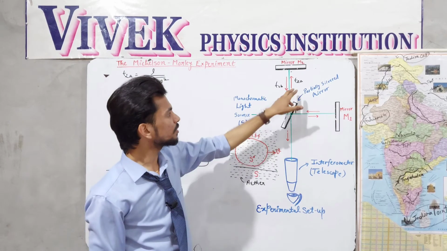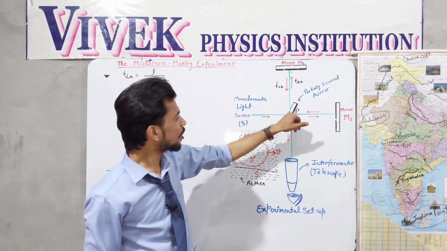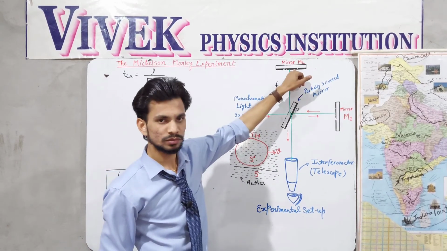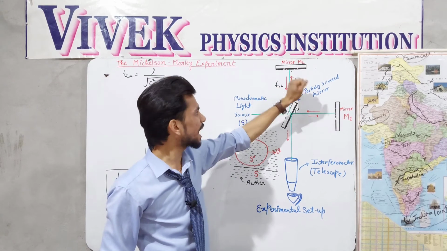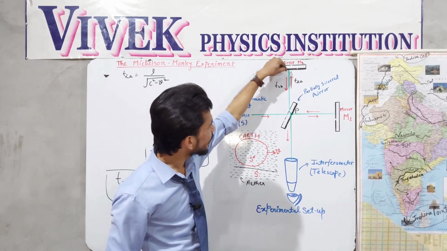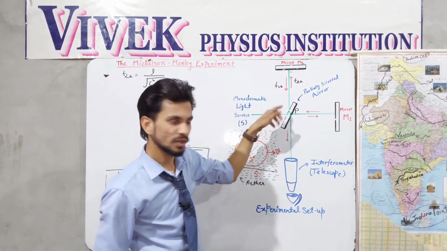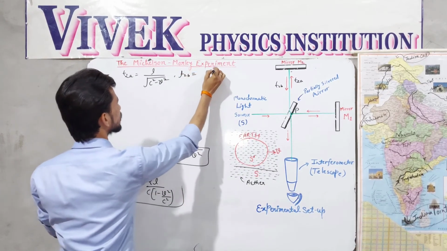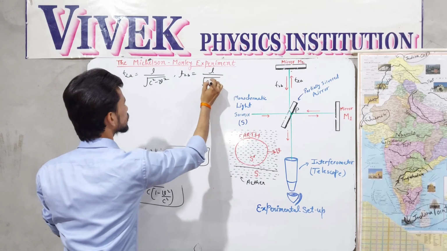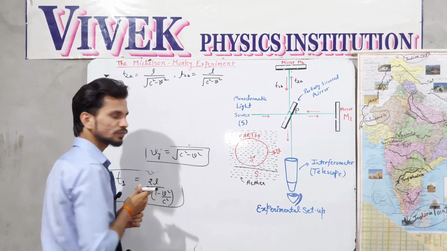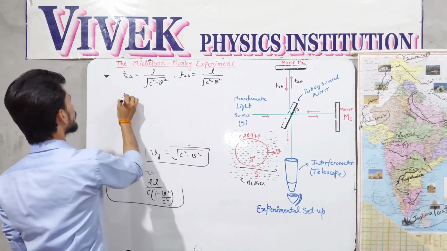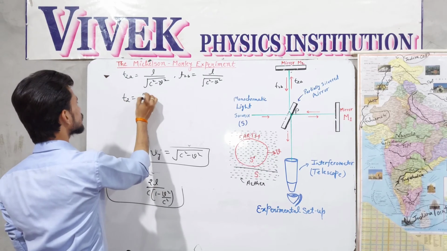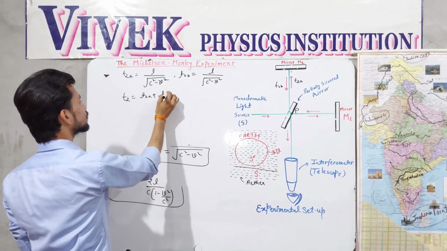The time taken by the ray to go from point P to M2 will be the same as the time taken by the ray reflecting back from point M2 to point P. So these two times will be the same. So t2b will also be L over under root c square minus v square. Total time will be t2 equals t2a plus t2b.